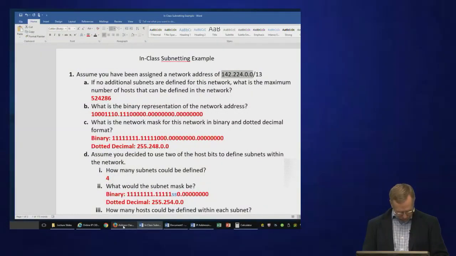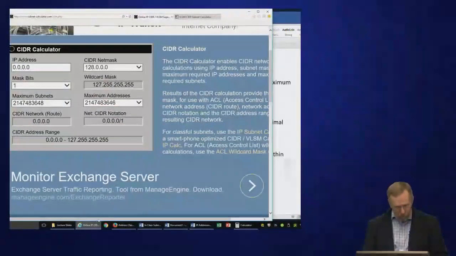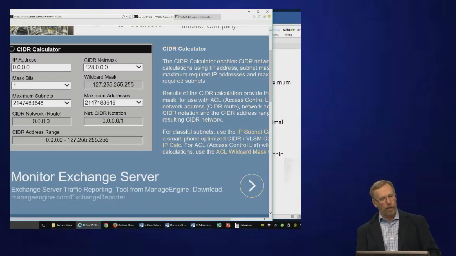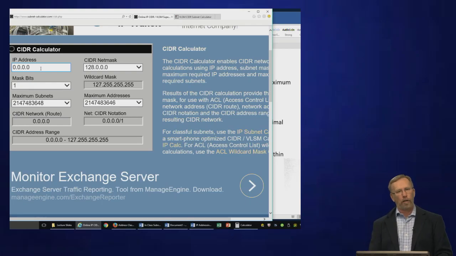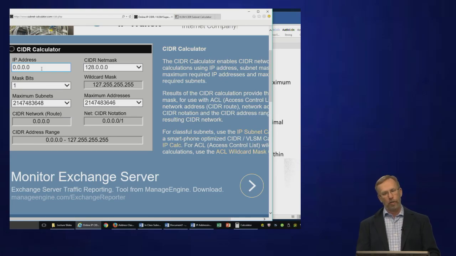So here's one calculator. And this is the first one that comes up if you Google online CIDR subnet calculator. By the way, if you're using a subnet calculator, there are a lot of classful subnet calculators and classless CIDR subnet calculators.